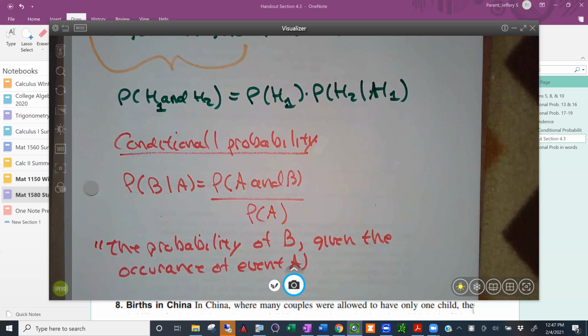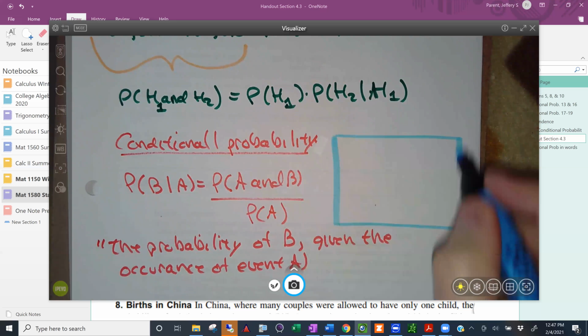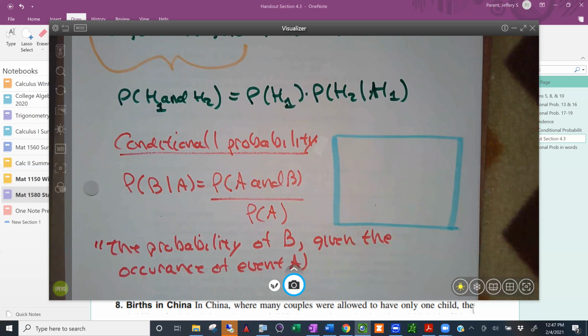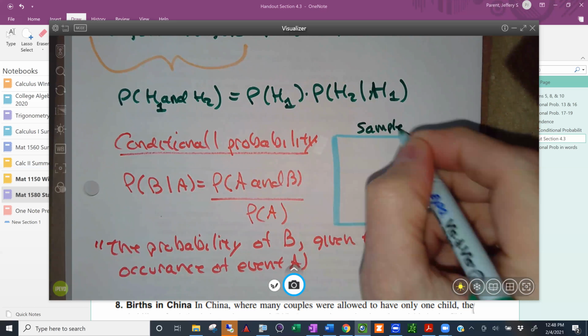Let me diagram that for you and try to help you make sense out of it. So let's do it this way. I'm going to let that represent my sample space. That's all the stuff that can happen.